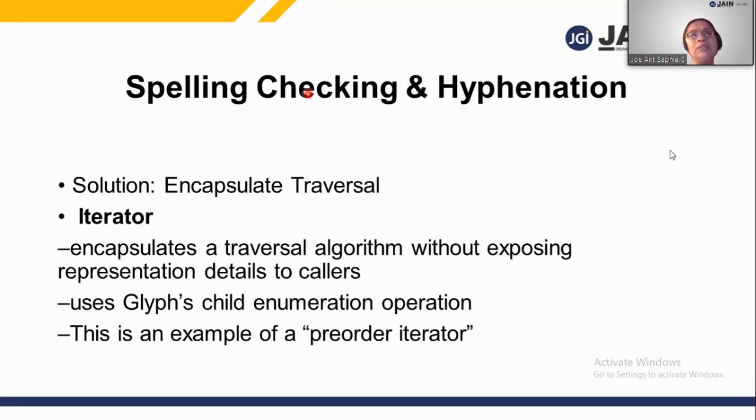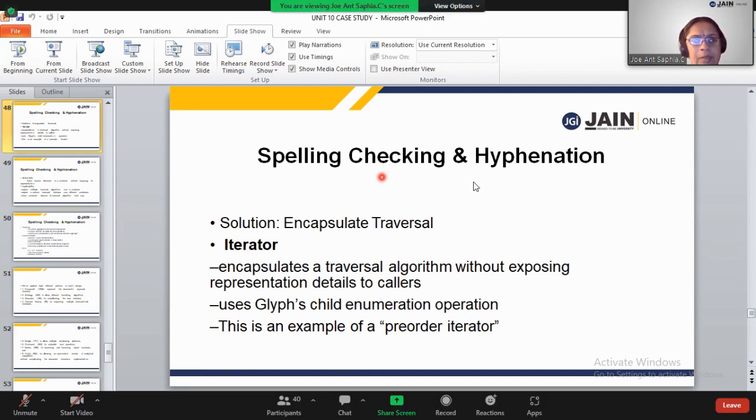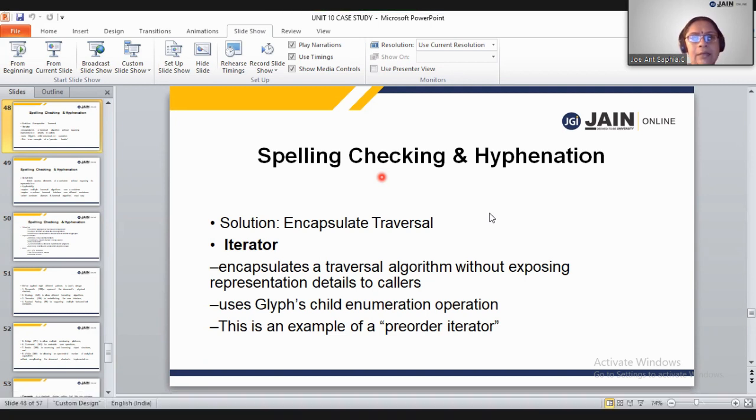You don't need to go so deep into how the concept will be useful in the design and all. Just study the intent and definition. Related pattern, intent.